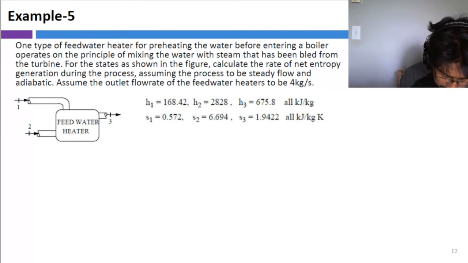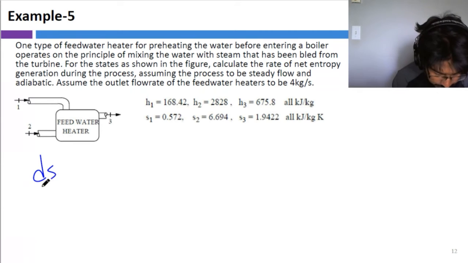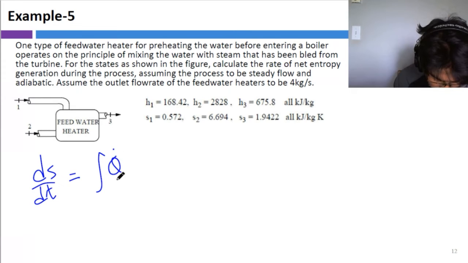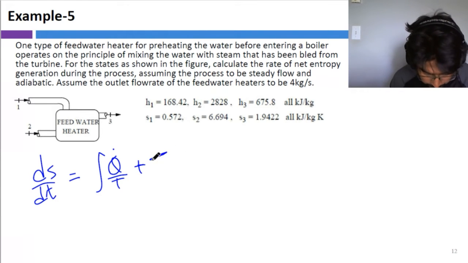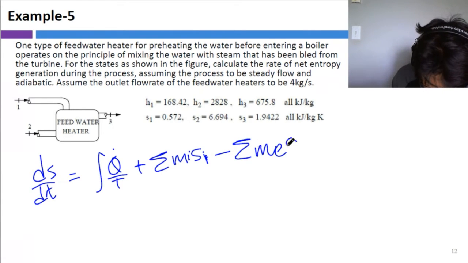So we'll start with the entropy balance equation. dS/dt equals Q dot over temperature plus sigma m_i s_i minus sigma m_e s_e plus S generated.